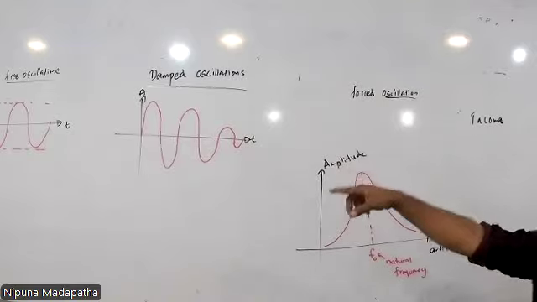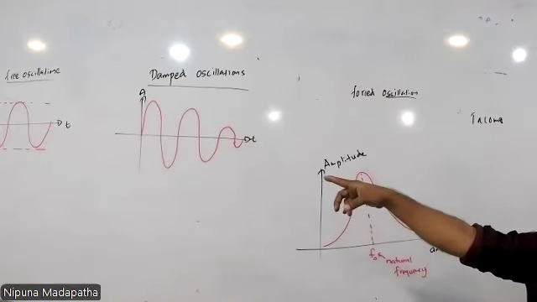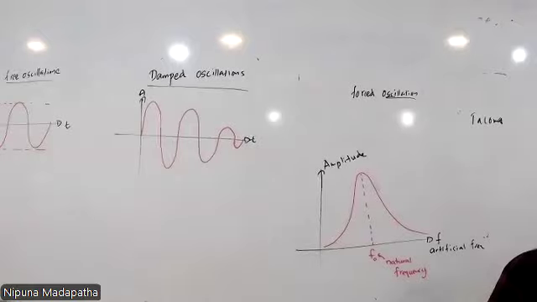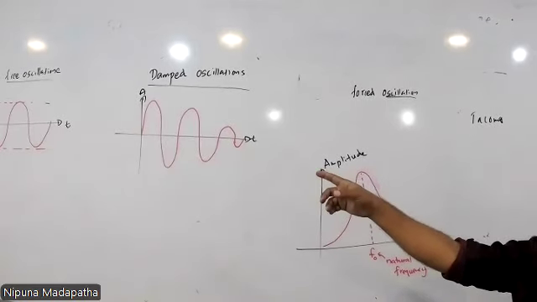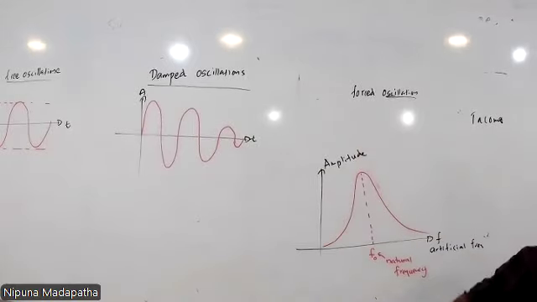This is the amplitude versus time graph for natural oscillations.